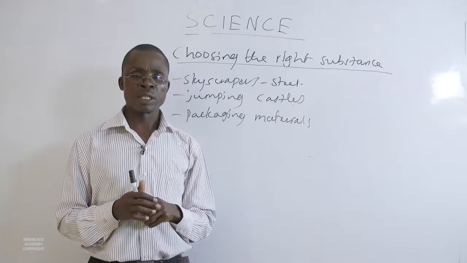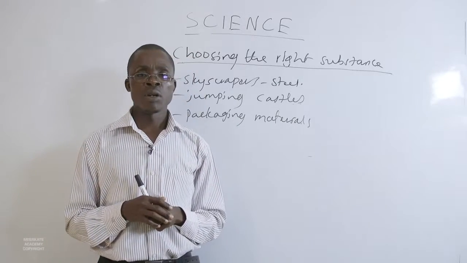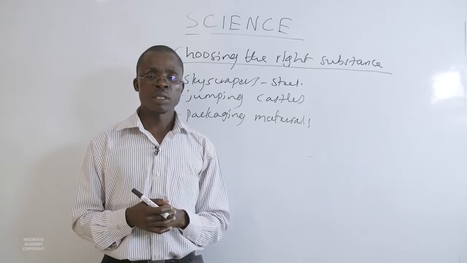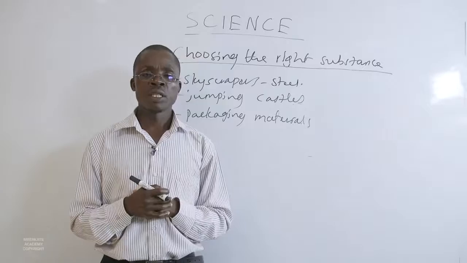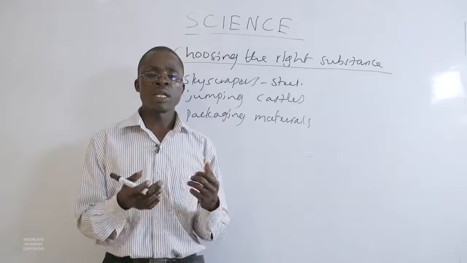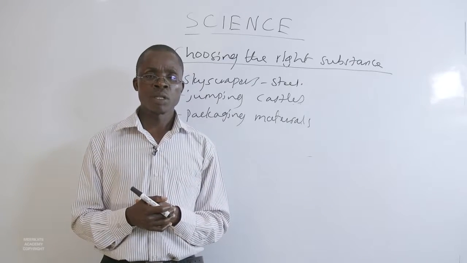Look at glass. Glass is used as a packaging material. Soft drinks and so many others. We also use plastics as packaging materials for the same soft drinks and others. Look at styrofoam.